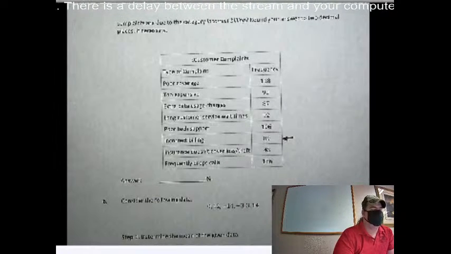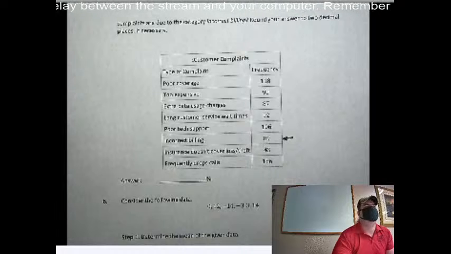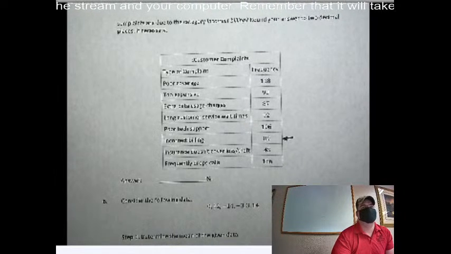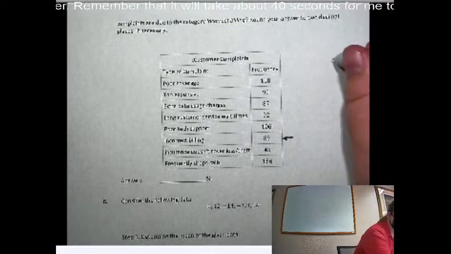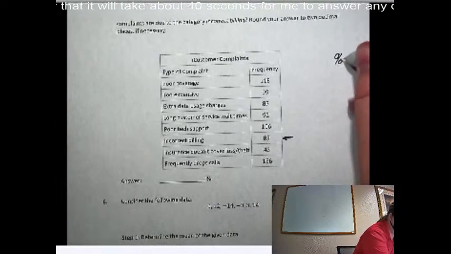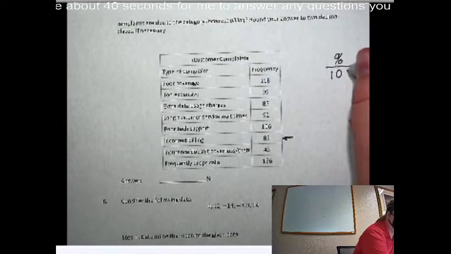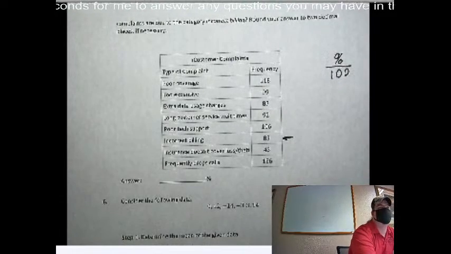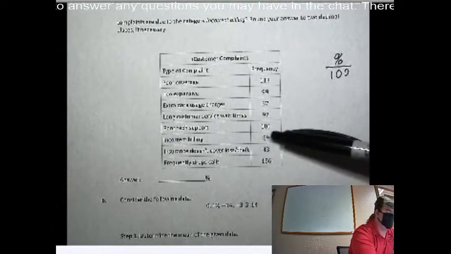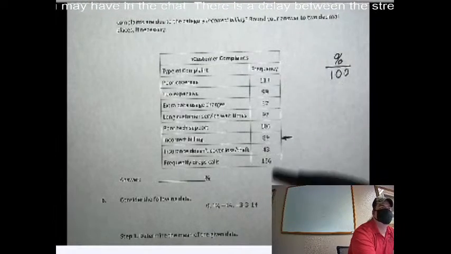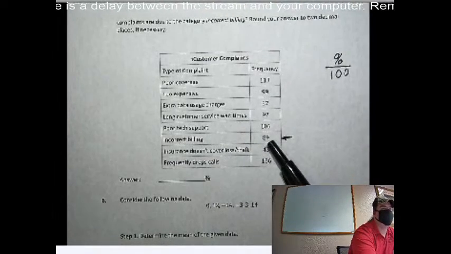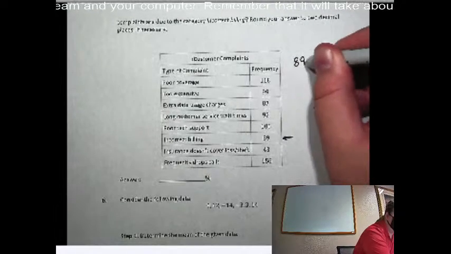Okay. So remember that percents have to do with a proportion. So a percent is always out of 100. And so this incorrect billing is out of a total. Okay? So we know that the value of incorrect billing is 89. So there's 89 in that frequency.